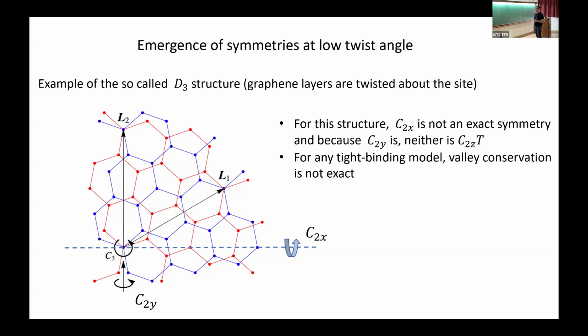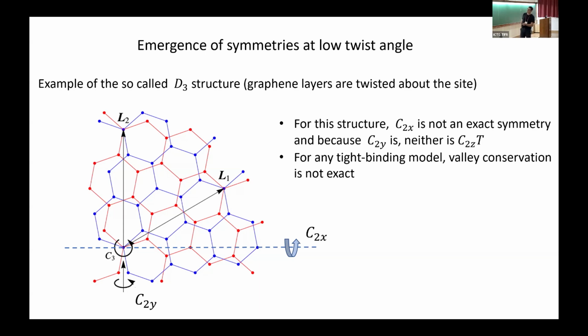And that's true. For example, if you were to consider this particular structure, this is obviously not at magic angle, such that we start with the AA stacking, and then we twist about this dimer, then this commensurate structure would have a C3 symmetry. It would have a C2Y symmetry, so that's a twofold rotation about the y-axis that goes between the dimer.